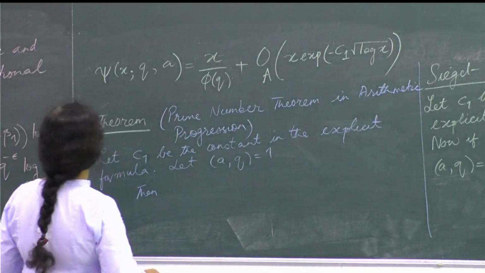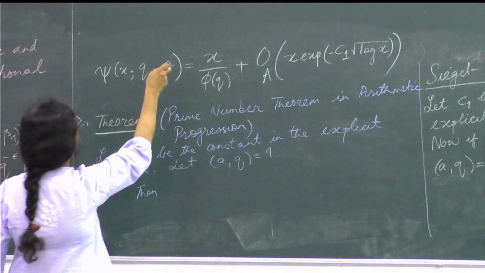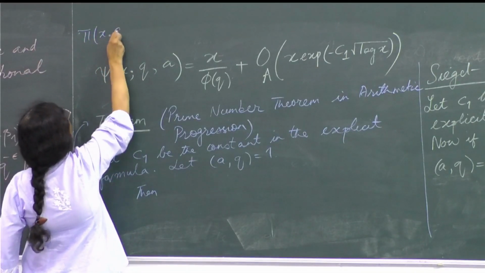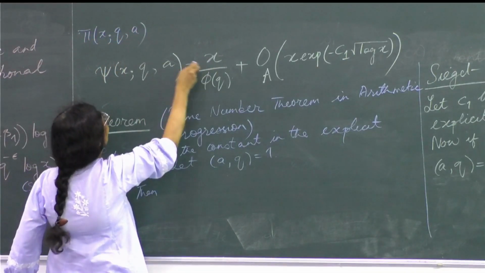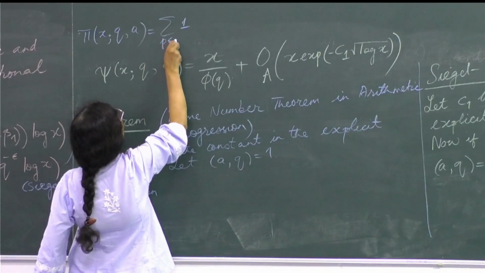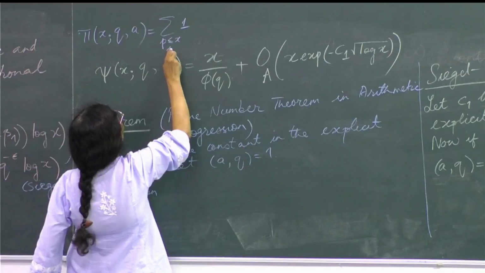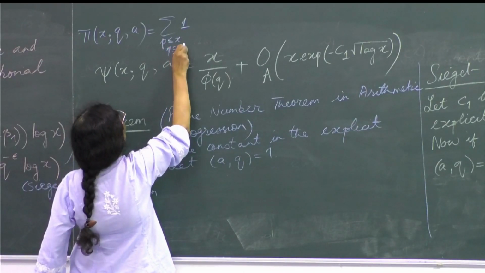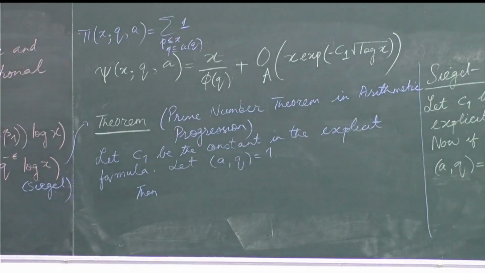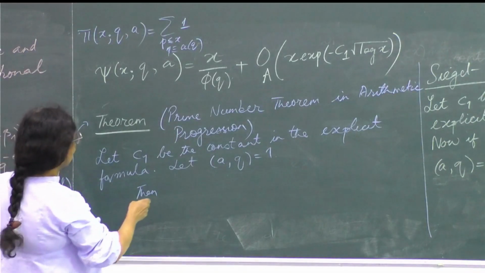So now I want to write, I gave a definition in the first lecture, remember that? Pi of x, q, a is equal to the number of primes p less than x, p congruent to a modulo q. So this has not been smoothed out by lambda of n.